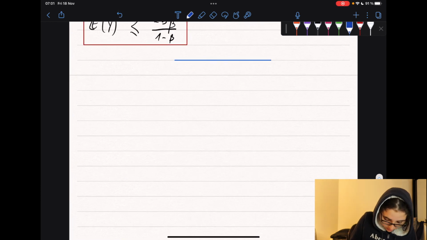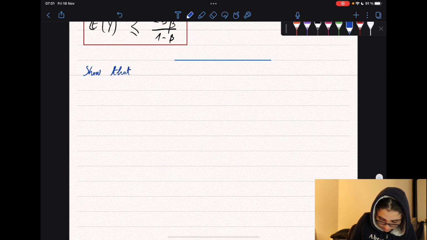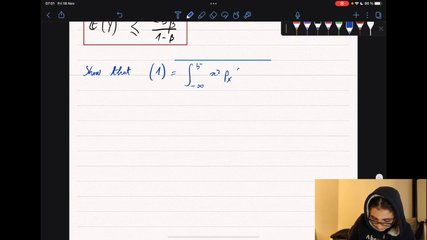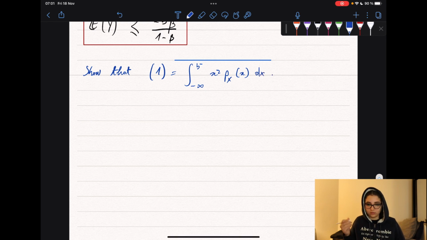Now show that 1, meaning the integral from minus infinity to b minus of x squared p of x dx. So this is the integral number 1.